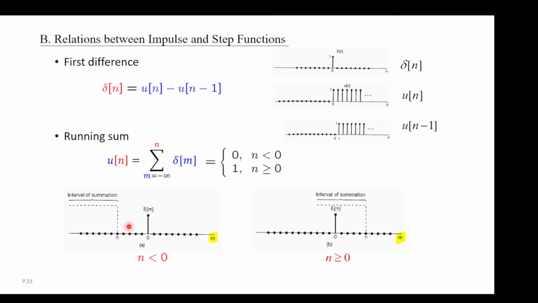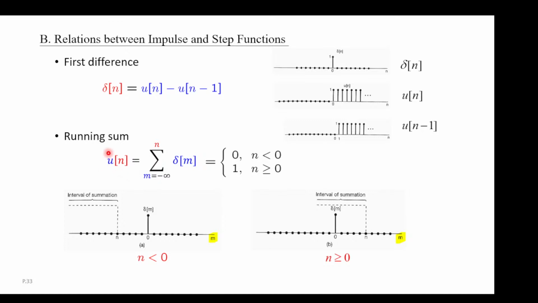Later on we don't actually use them, but it's still interesting to see them. So let's see how this works out. As we said, the unit step function can be written as the sum of unit impulse functions. Let's look at this carefully now.